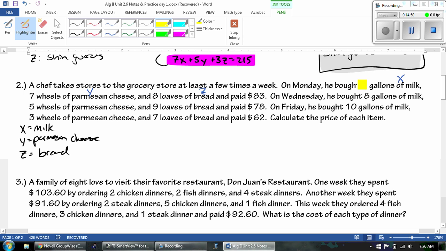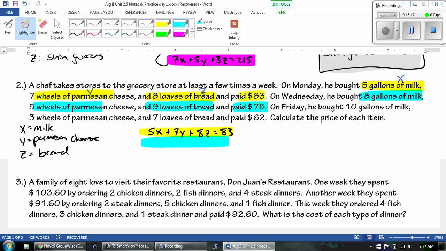Okay, so Monday. Monday's an equation. 5 milk, 7, boom, boom. What's that equation? Well, 5x plus 7y plus 8z equals 83. Okay, Wednesday, 8, 5, 9, 78.